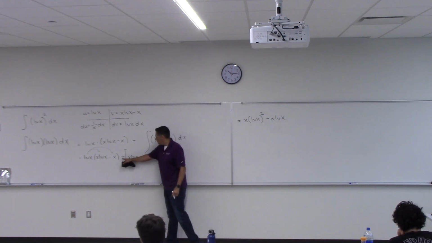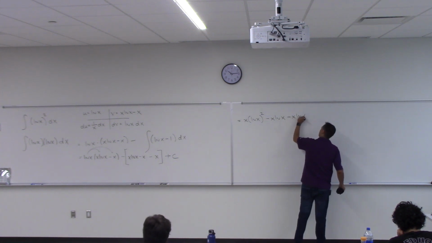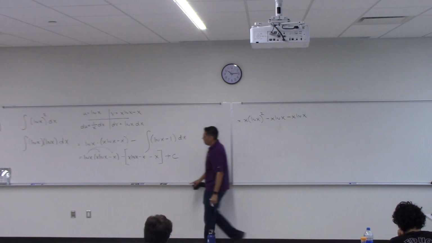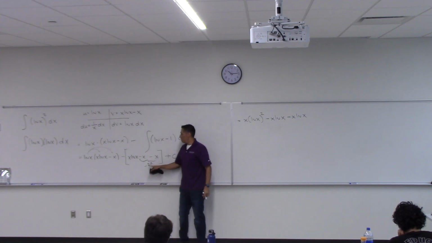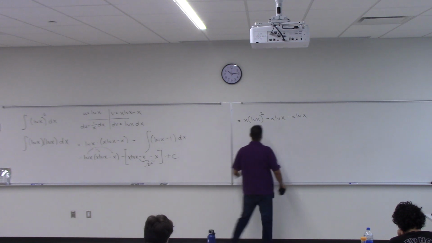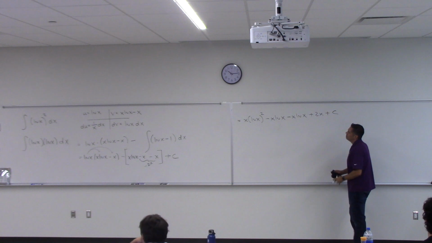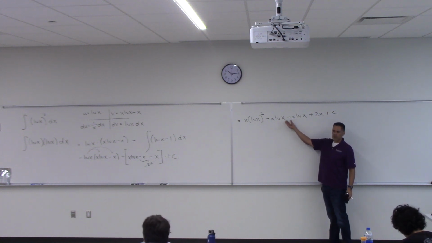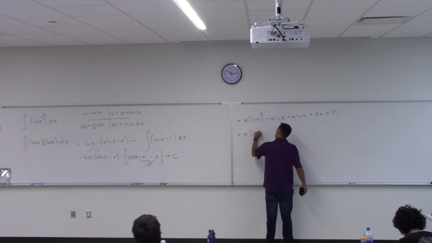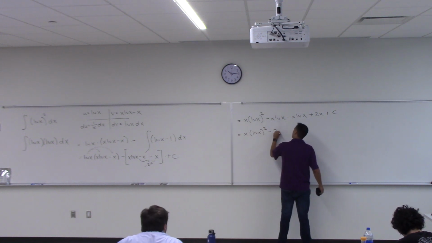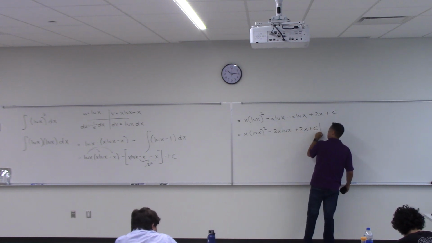And then I have negative times this, so minus an x natural log x again. And then these two together is negative 2x, right? And then distribute a negative, so plus 2x plus c. And then these two come together, yes? Those are the same thing. So a final clean answer would be x natural log x squared minus 2x natural log x plus 2x plus c. There we go.